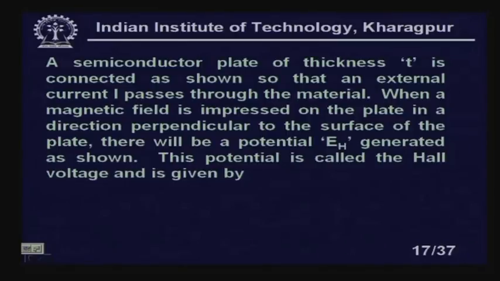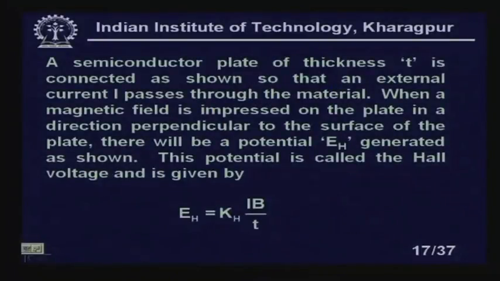And when a magnetic field is impressed on the plate in a direction perpendicular to the surface of the plate, a potential E_H, that means the Hall voltage, is generated as shown. This potential is called the Hall voltage and is given by E_H = K_H * I * B / T. This is our expression for the Hall voltage, right.